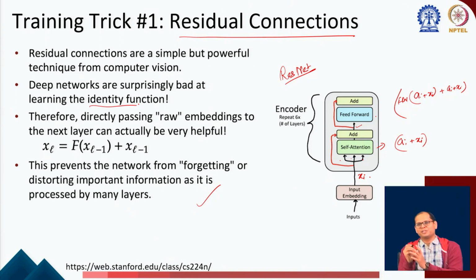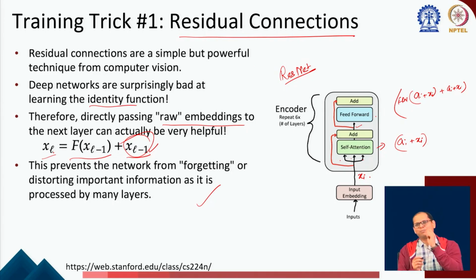So this is one way in which you explicitly give back the original information. So you directly pass the raw embeddings to the next layer: you have x of layer L minus 1 as the embedding, plus the output of the function, which can be self attention or feed forward. You add this raw input again, and that becomes your actual output. That is the whole idea.